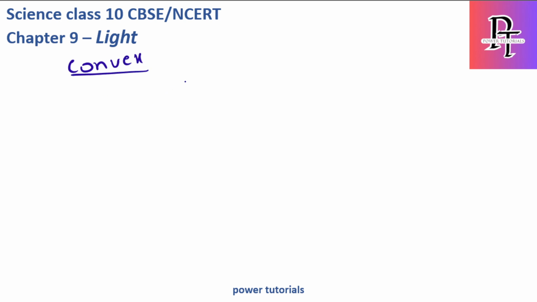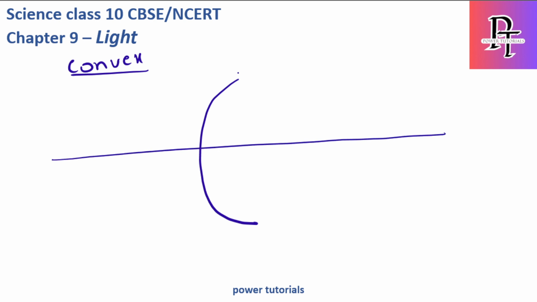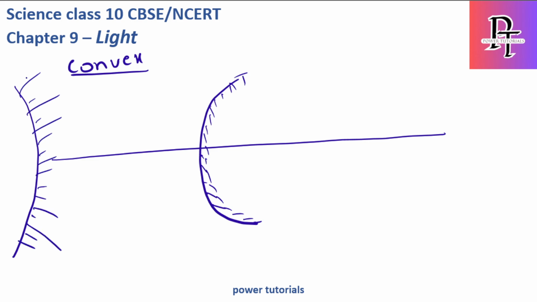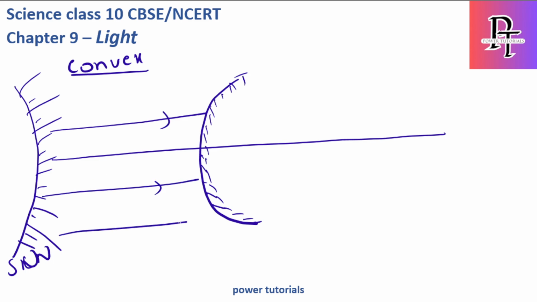So if I take a convex mirror, it is like this, which is shaded from inside, polished is outside. Okay, so in the same example, if I consider the sun is here, and I pass parallel lines to the convex mirror, what will happen is all these lines will be reflected.